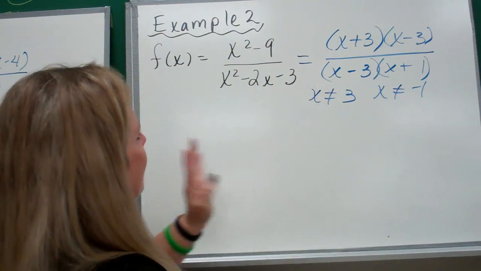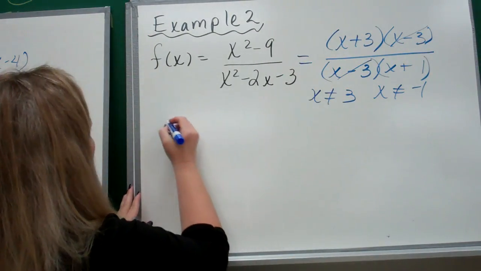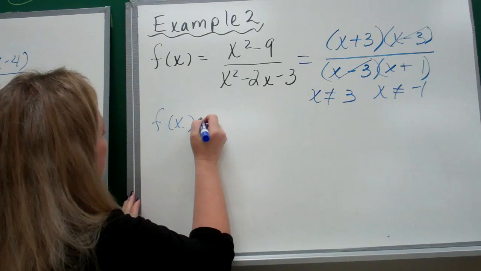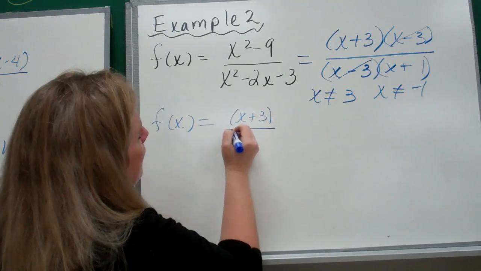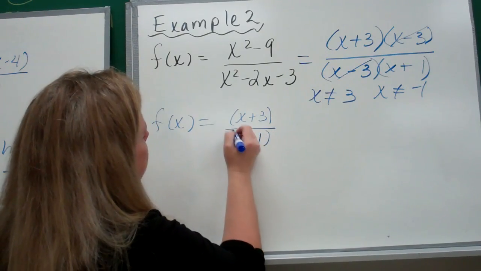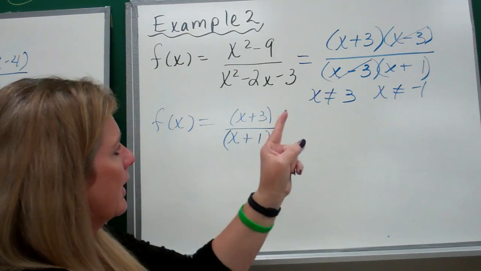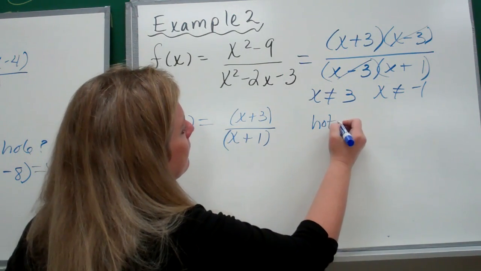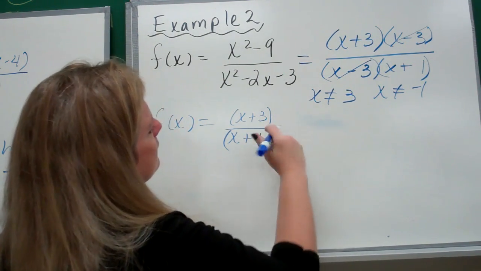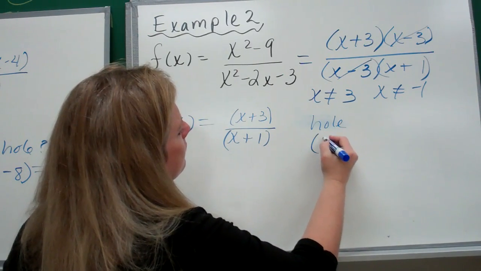So now we cancel. The x minus 3's will cancel. So f of x is going to look like the graph x plus 3 over x plus 1. This is what the graph will look like, but there's going to be a hole when x equals 3.